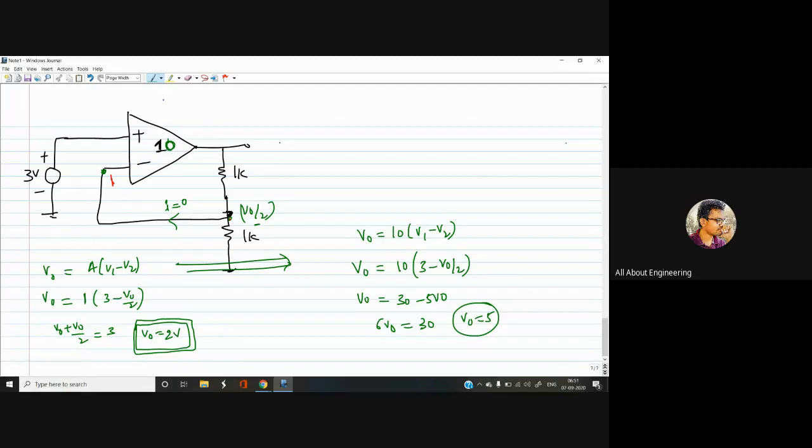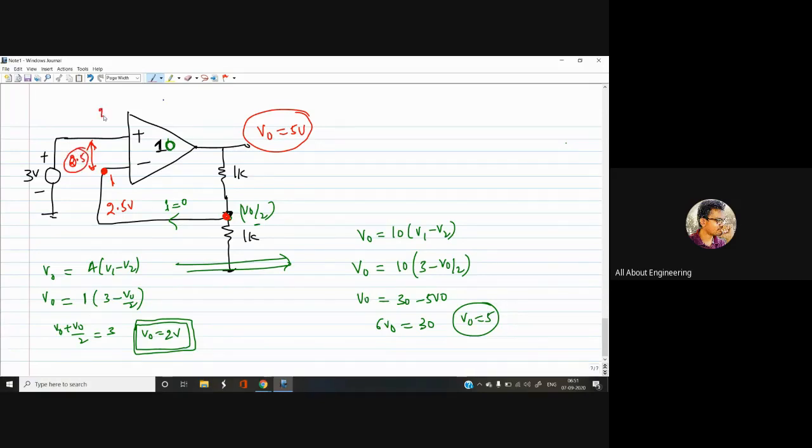Now if you look here, the output now is not 2 volts, but it is 5 volts. Same way, the voltage at this node is 2.5 volts. In the previous case it is 1 volt, but now it is 2.5. Now the differential voltage is 3 minus 2.5, that is 0.5.